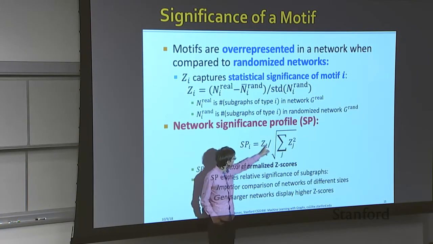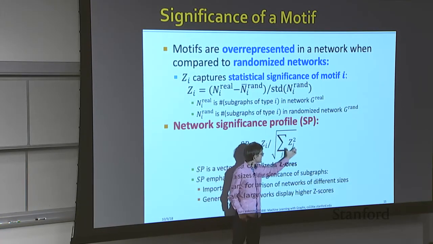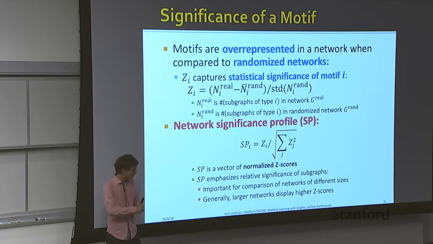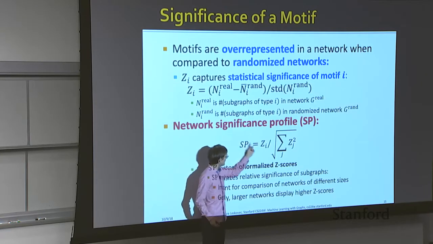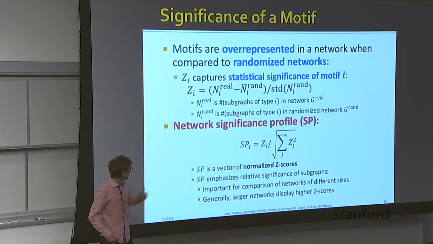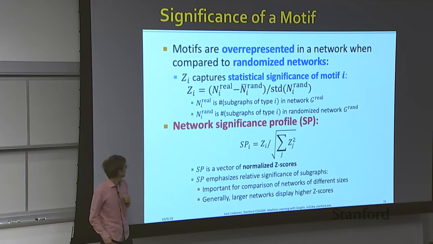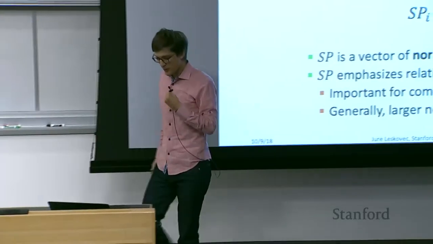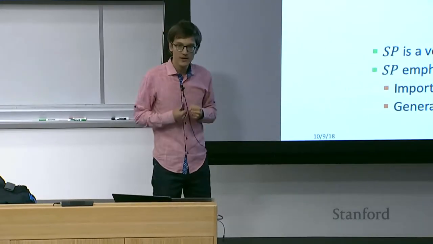You take these z-scores and normalize them such that the sum of the squares of the z-scores equals 1, all right? So that the Euclidean length of this significance profile vector equals 1. That's essentially what this normalization does, okay? And this is it. So now we know how to compute the significance profile.